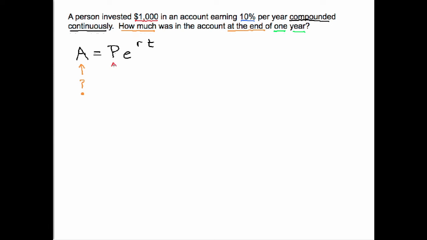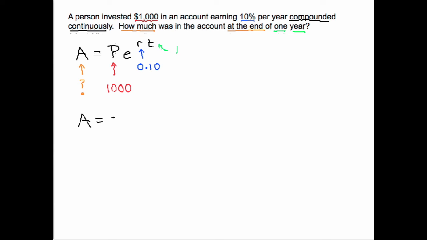P is the amount that's invested, or the principal, and this would be 1,000 because $1,000 was invested into the account. R is the interest rate, and we know the account is earning 10% per year, so if we change 10% to a decimal, that's 0.10. And T is the length of the investment. In this case, T is 1 because the investment is for 1 year. So let's substitute into our equation.